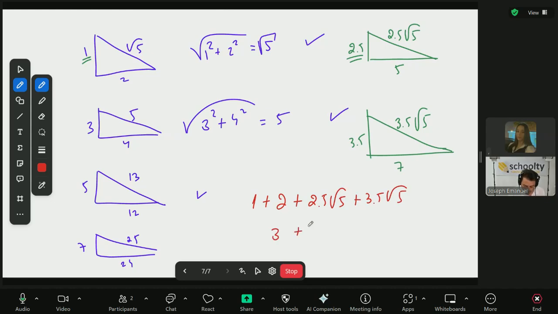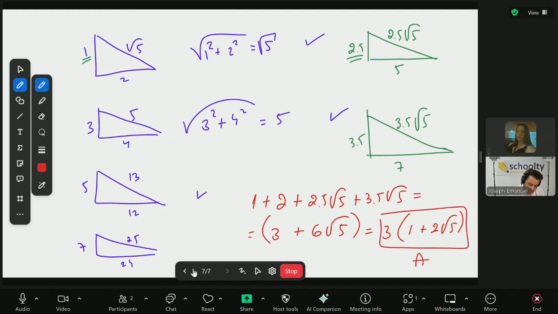So the perimeter is 3 plus 2.5 and 3.5, which is 6 square root of 5. You can take 3 outside. You will have 3 times (1 plus 2 square root of 5), and I guess that's A.